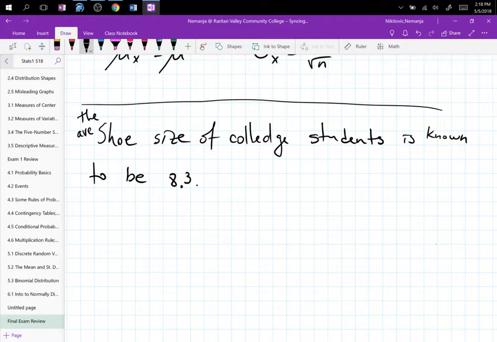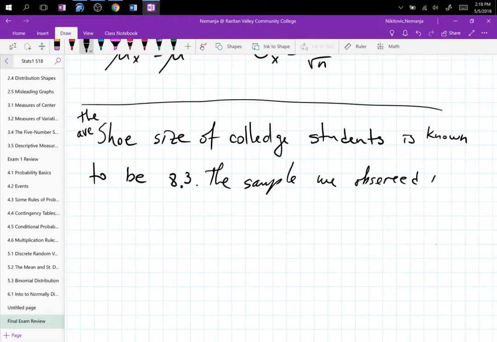And now here's the next sentence, which is what determines which way it goes. The next sentence says, the sample we observe is given below.